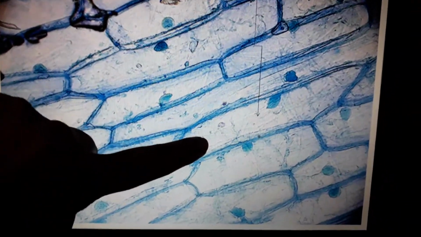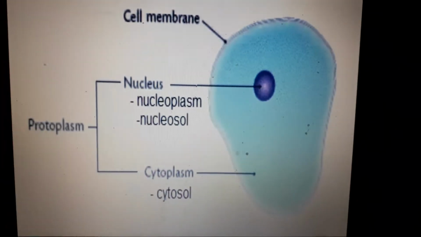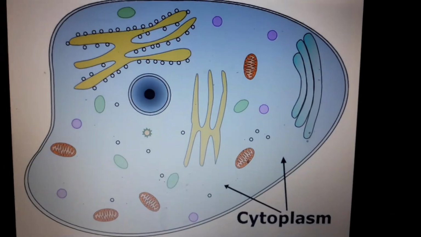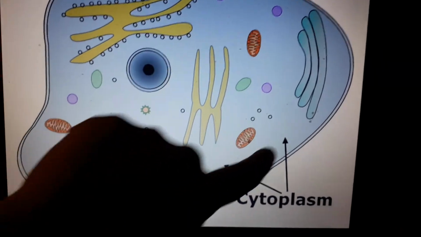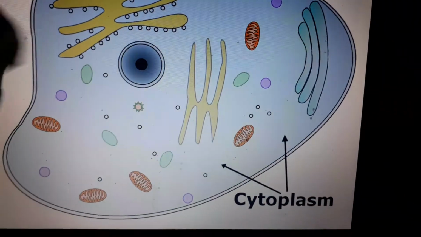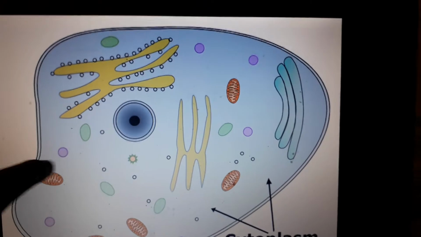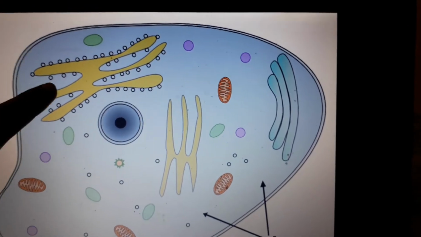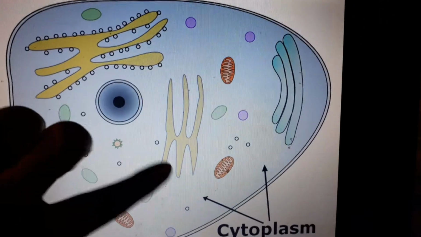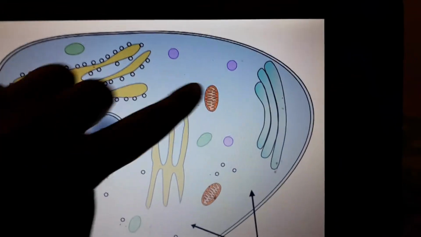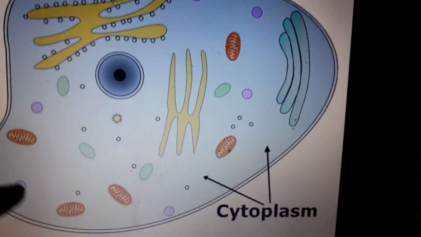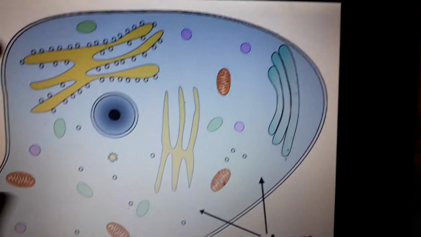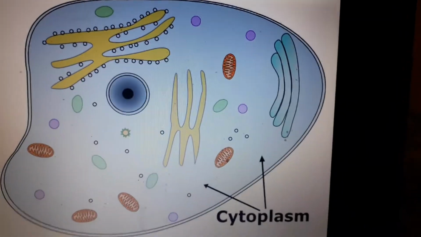This fluid holds all the cell organelles within itself. In the cytoplasm we observe many organelles like the nucleus, endoplasmic reticulum, mitochondria, Golgi bodies, and different lysosomes, all floating in the cytoplasm.